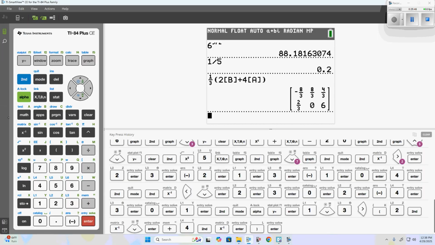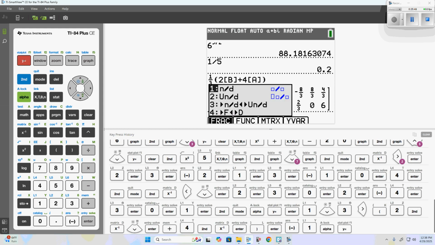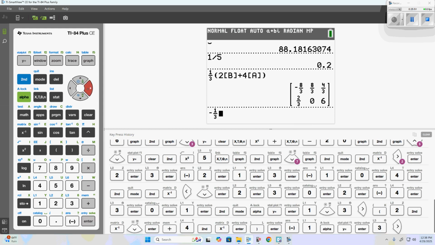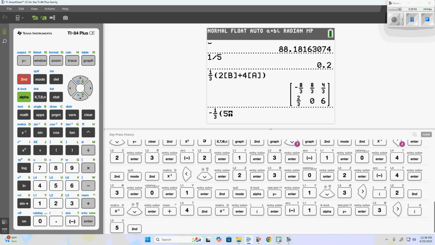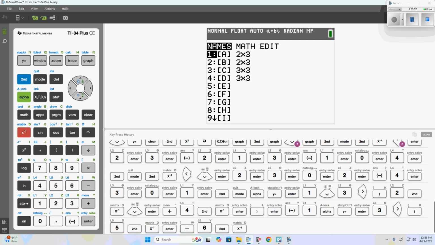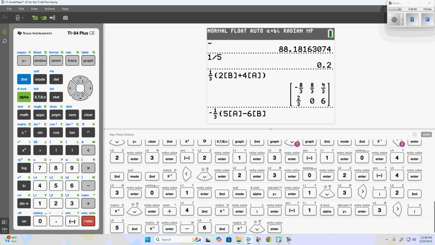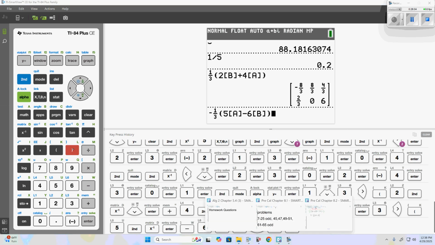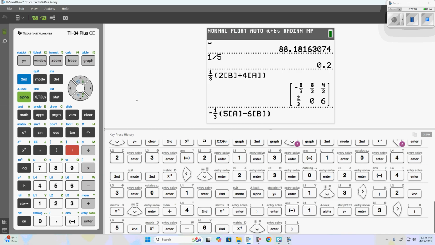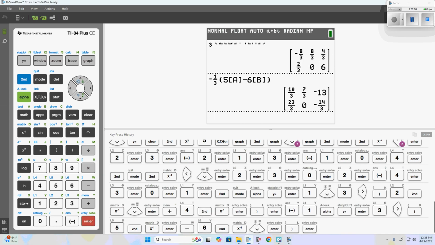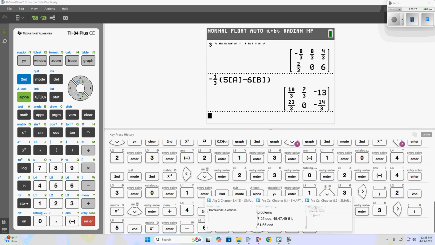Now, luckily for us, we already have it typed in. So we can say negative 1/3 times 5a minus 6b, yep. Which tells us that it's 10/3, 7/3, negative 13, 23/3, and negative 14/3.